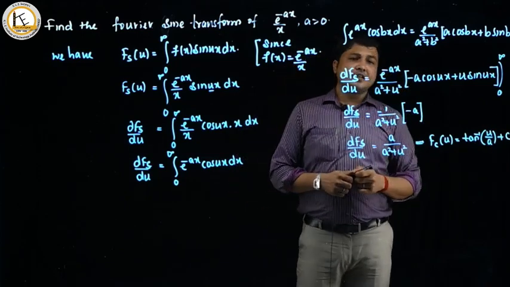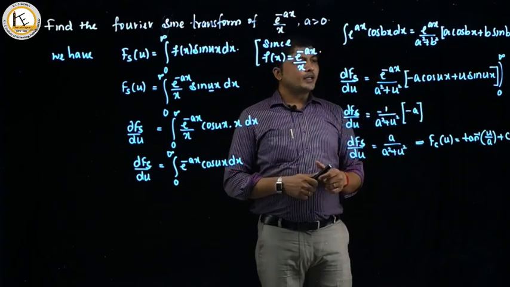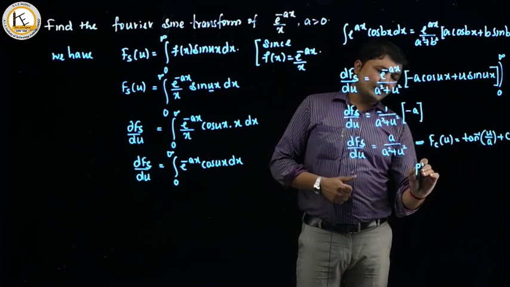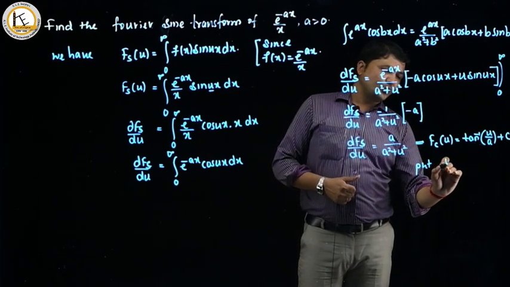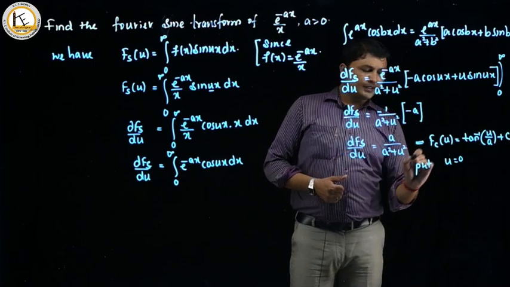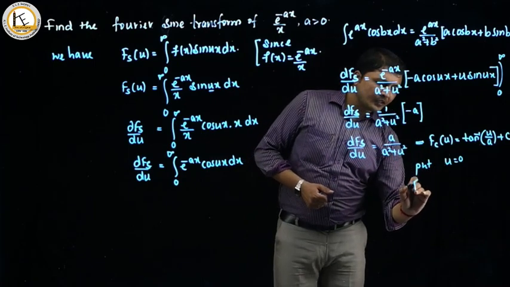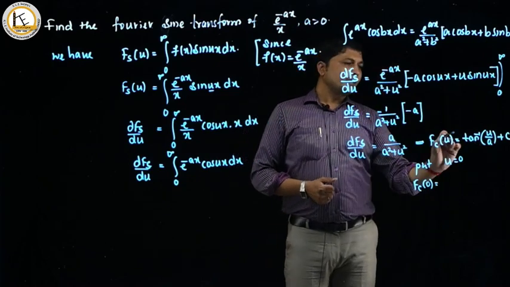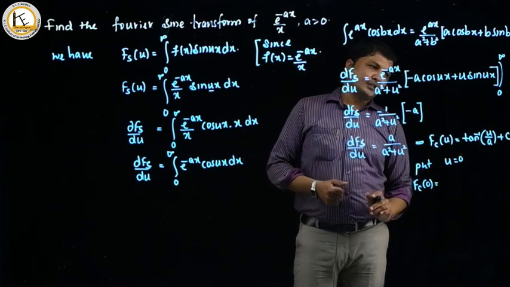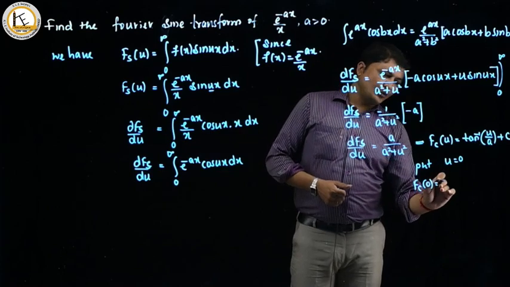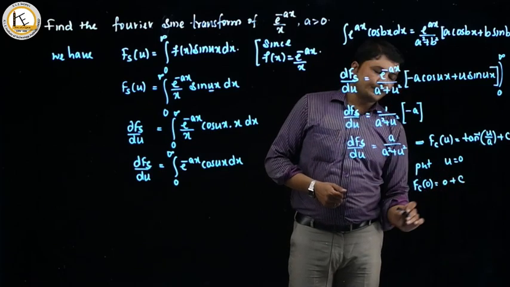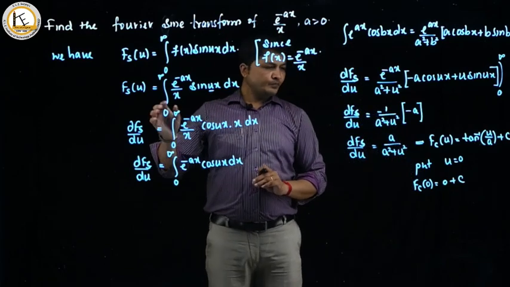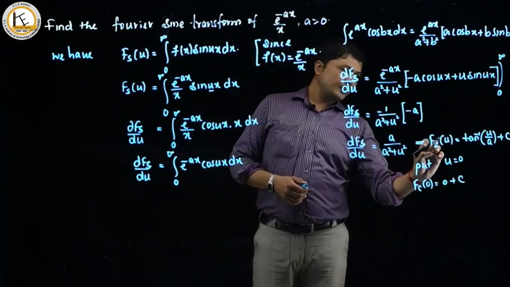Hence this is the general solution. To get a particular solution, I put u equal to 0, then Fs of 0 is equal to tan inverse of 0, which is 0, plus c. Once again it is Fs, not Fc.